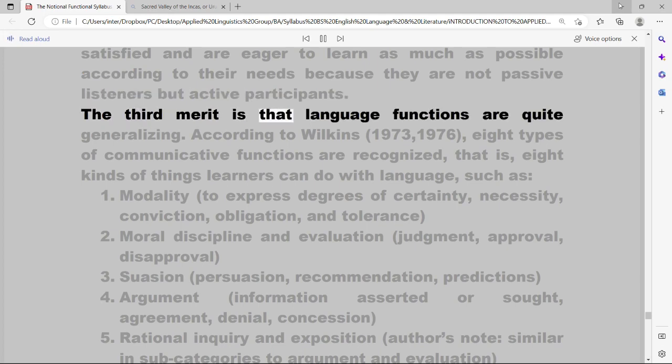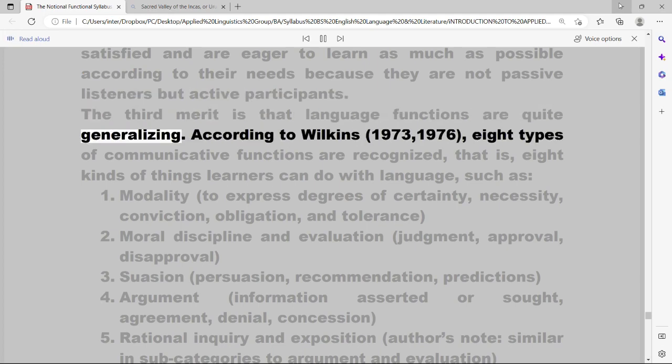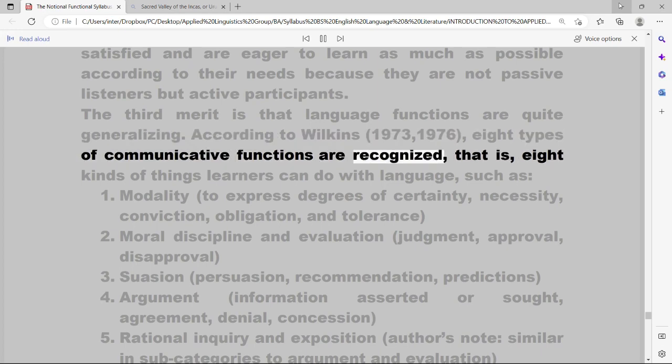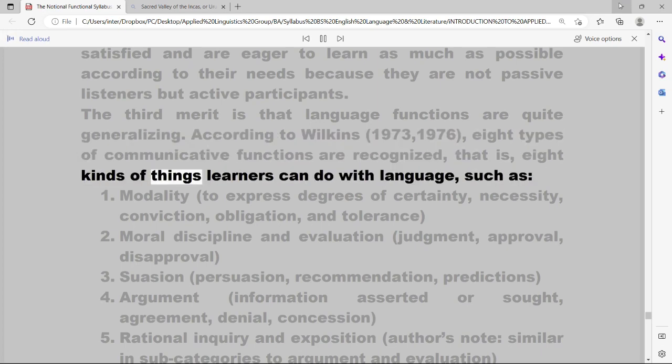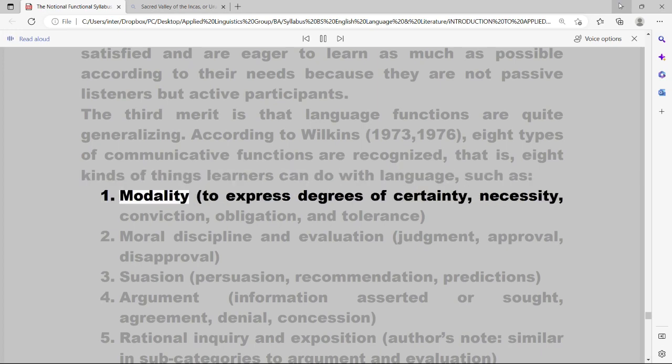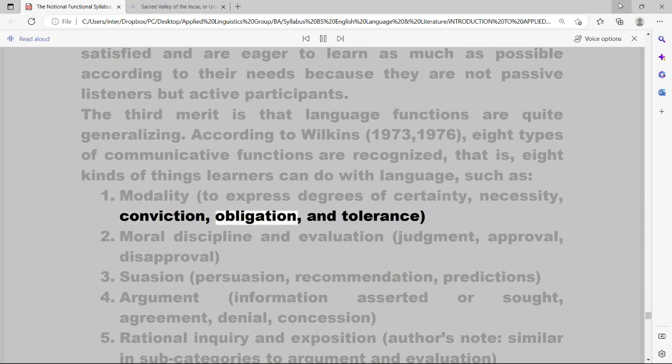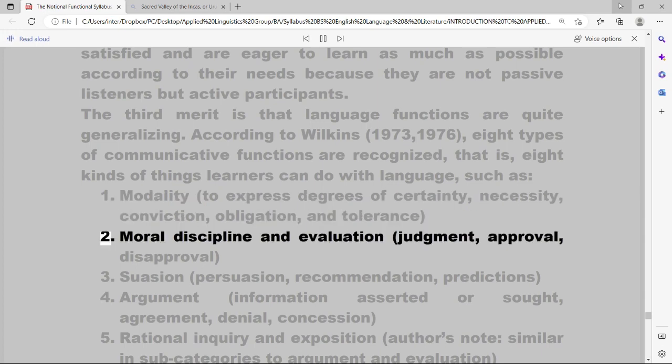The third merit is that language functions are quite generalizing. According to Wilkins, 1973-1976, 8 types of communicative functions are recognized, that is, 8 kinds of things learners can do with language, such as: 1. Modality, to express degrees of certainty, necessity, conviction, obligation, and tolerance. 2.